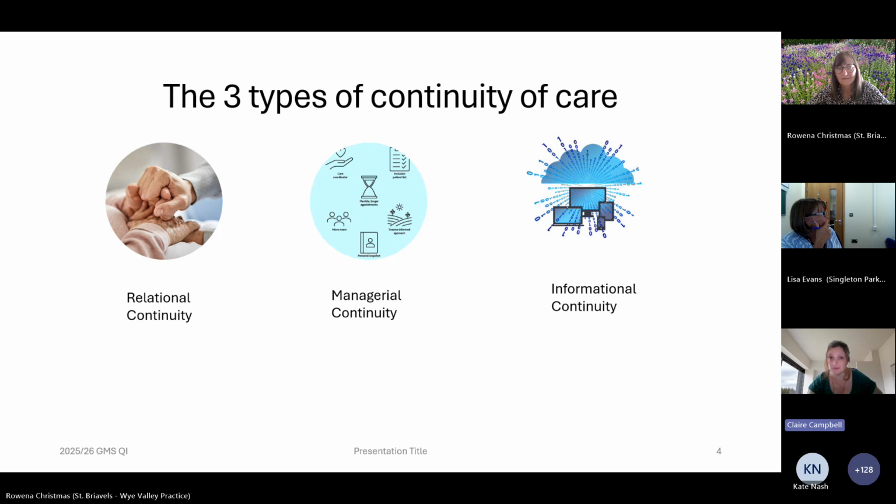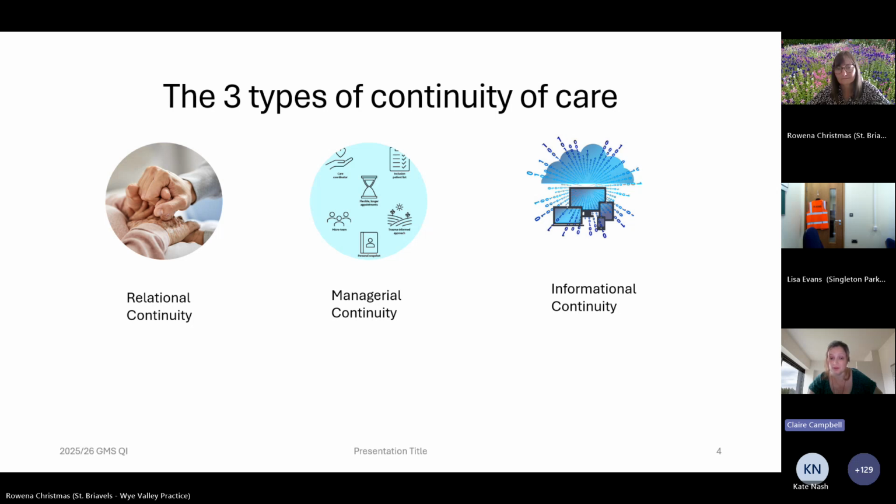In addition, less than full-time working patterns mean that for continuity of care to work, often a micro-team approach is needed to be able to support the patients most in need of continuity. That's a small group of health professionals from within the surgery. We've got managerial continuity, which ensures care is coordinated across different services, and informational continuity, which is about sharing relevant patient information correctly.